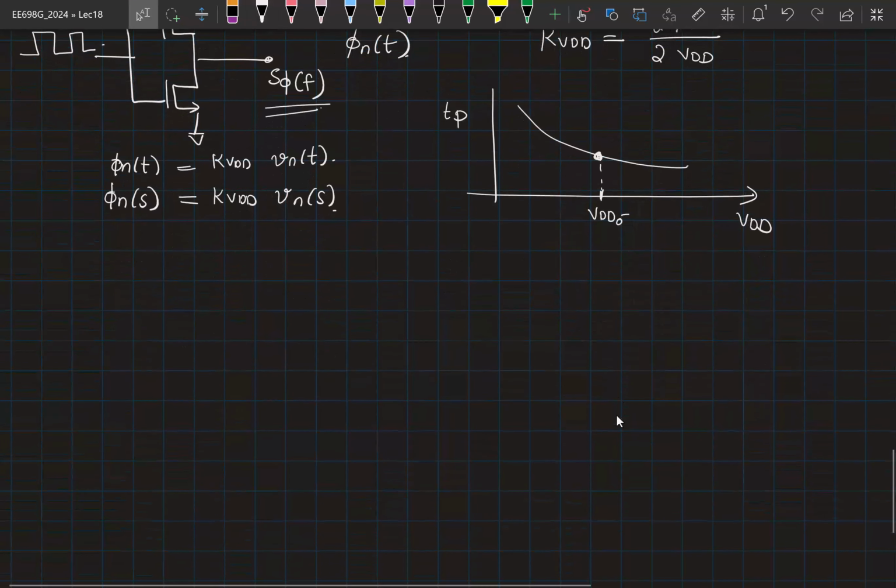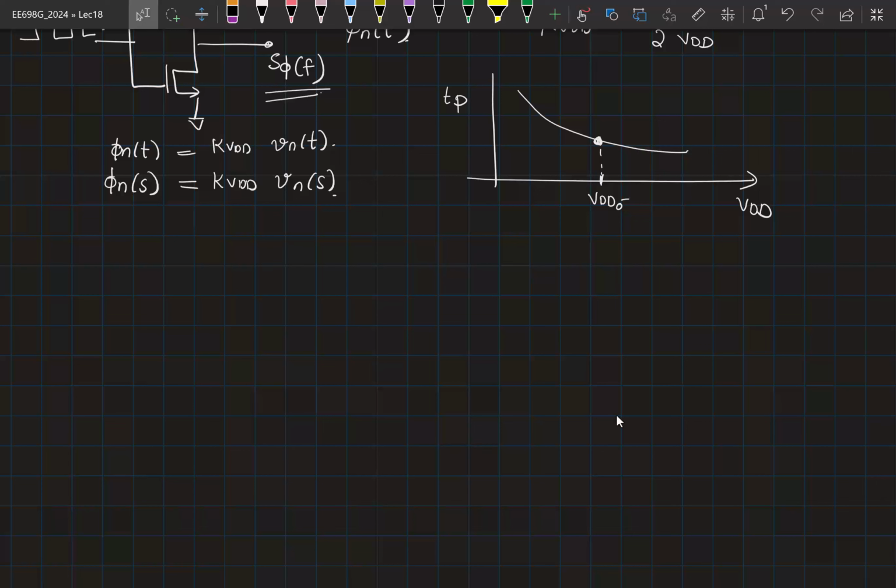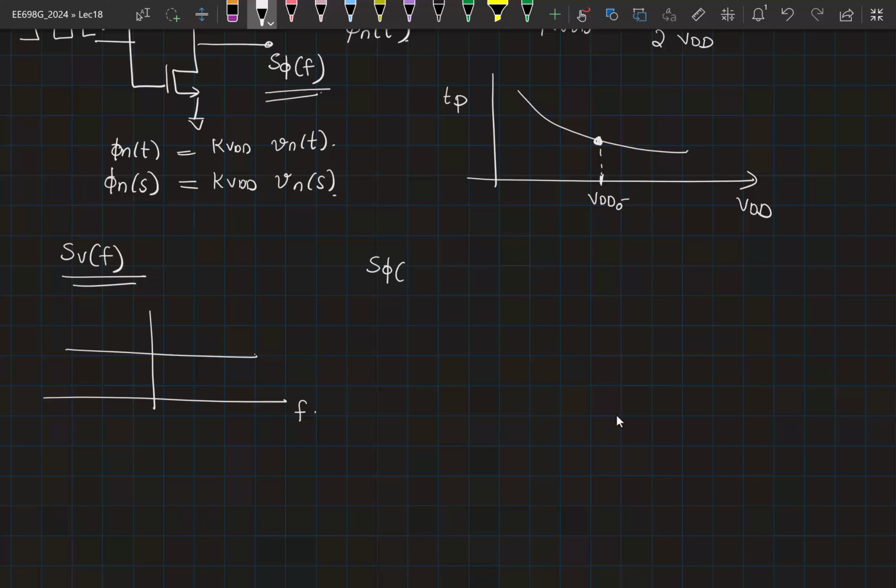So once you have this relationship, you can quickly calculate the S phi of f. Now assume that SV of f was white noise. So this is with respect to frequency. This was some white noise spectrum. Then what is the expression for S phi of f? This is KVDD squared times SV of f.